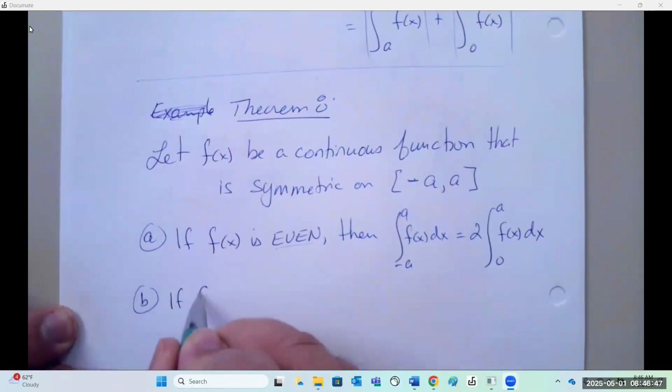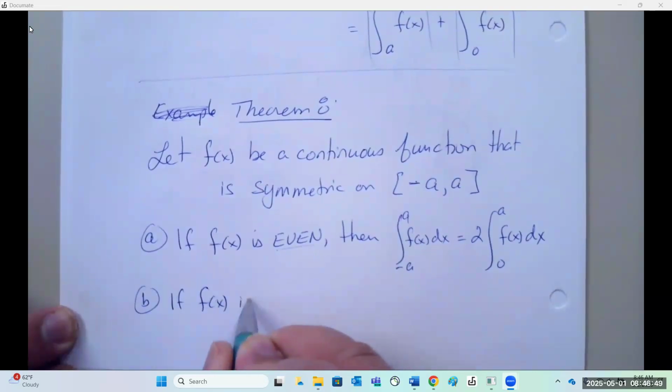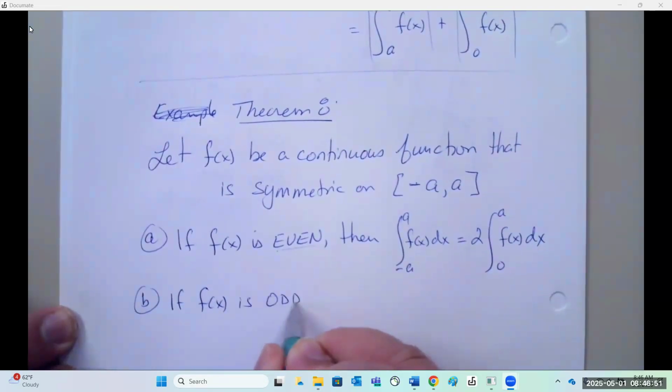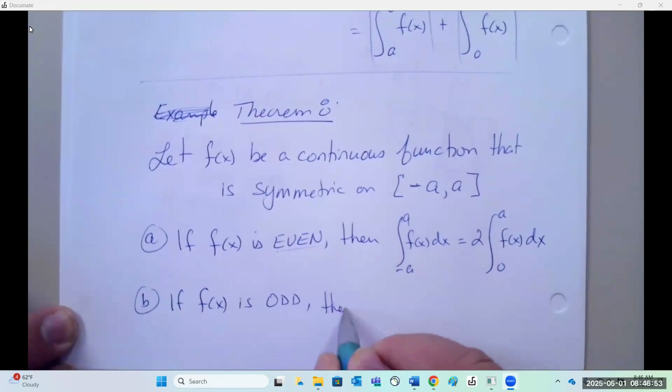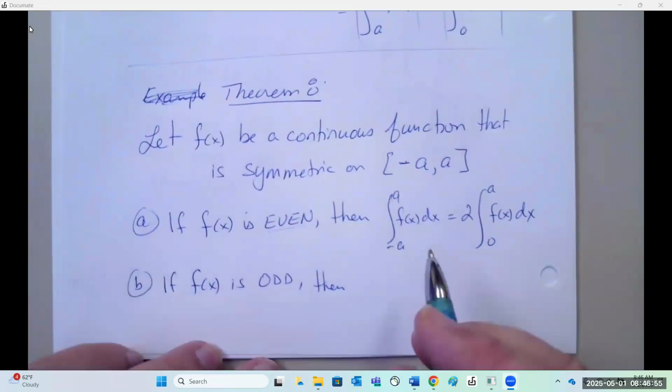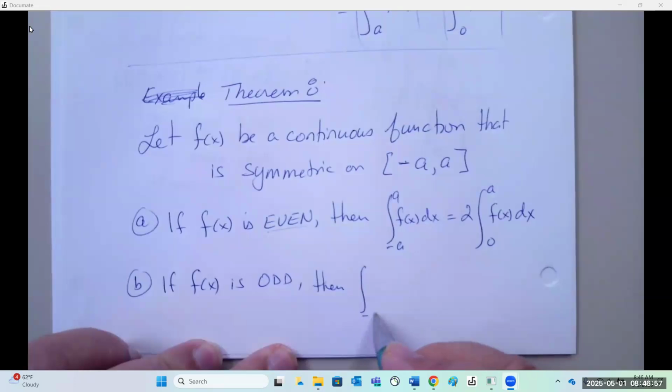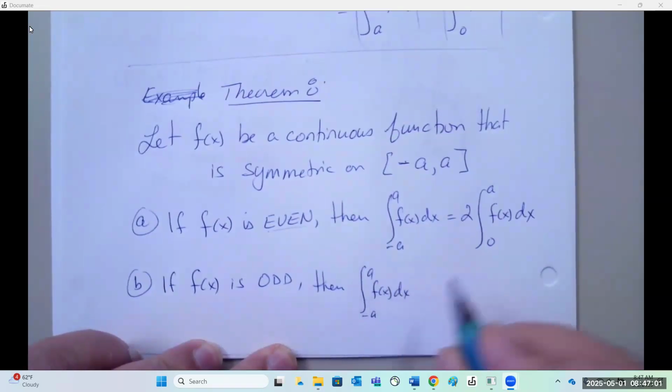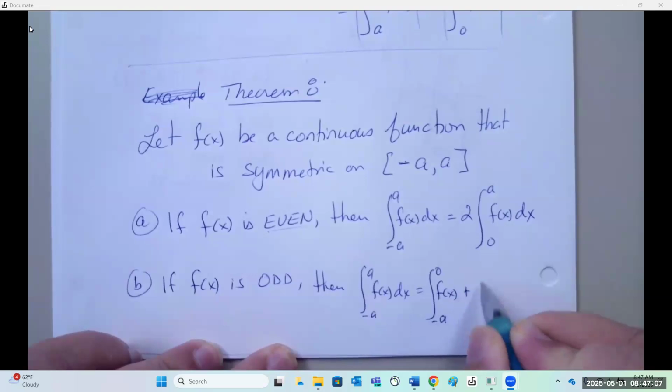If f of x is an odd function, then our integral from negative a to a of our function is equal to the integral from negative a to 0 plus the integral from 0 to a.